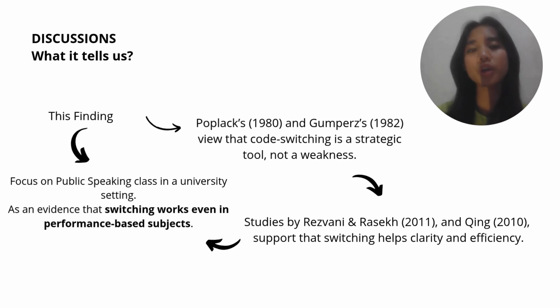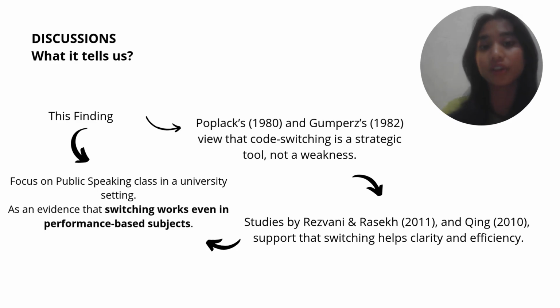Now, after we understand the types and functions of code switching found in this research, the researcher tells us that their findings support Gumperz's explanation from earlier studies that code switching is not just a barrier, it's a strategic tool and not a weakness. So it's not random, but it has a purpose.